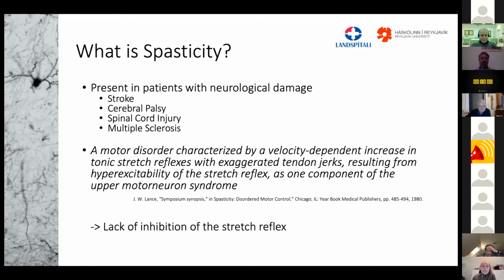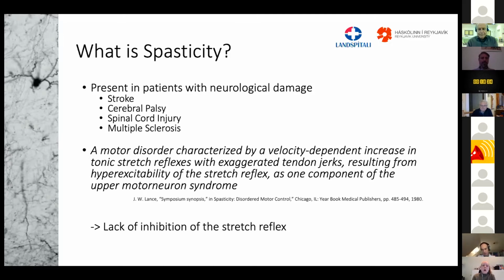His definition says that spasticity is a motor disorder characterized by a velocity-dependent increase in tonic stretch reflexes with exaggerated tendon jerks resulting from hyperexcitability of the stretch reflex as one component of the upper motor neuron syndrome. So what Lanz is telling us is that spasticity is characterized by the hyperexcitability of the stretch reflex. And this is actually thought to be due to a lack of inhibition of the stretch reflex.